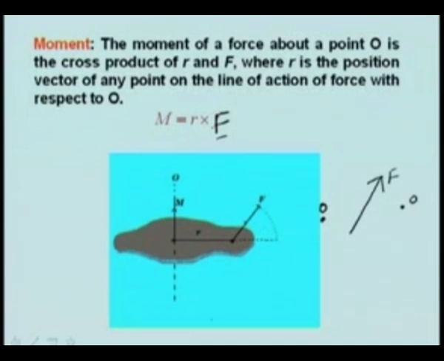So this is the thing. So we stand on the line of action of the force, look towards the arrow. If the point falls towards the left hand side, then the moment is positive, otherwise it is negative.